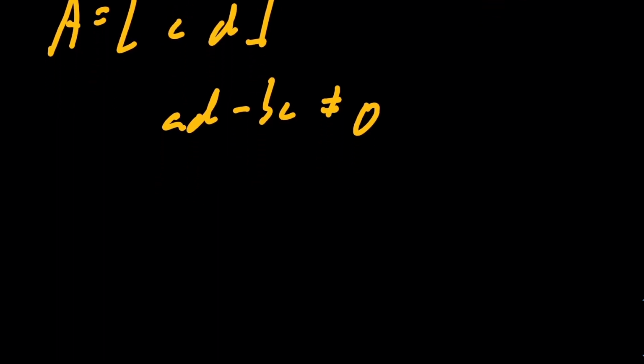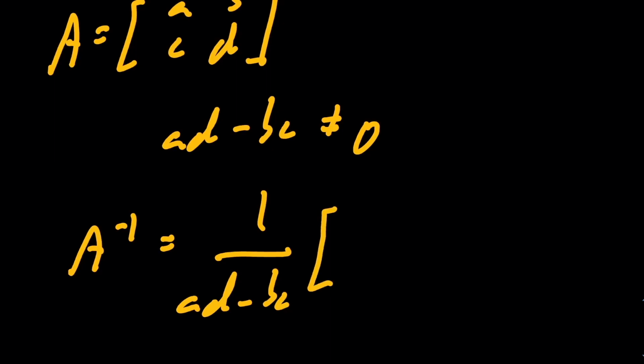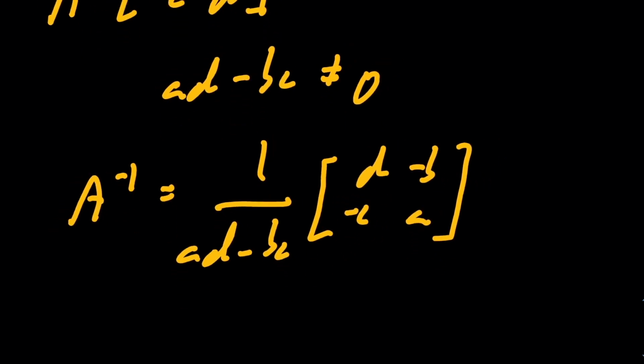Now, what this means is the inverse of A is 1 over AD minus BC times D, negative B, negative C, and A. So the denominator right here, this is our determinant.